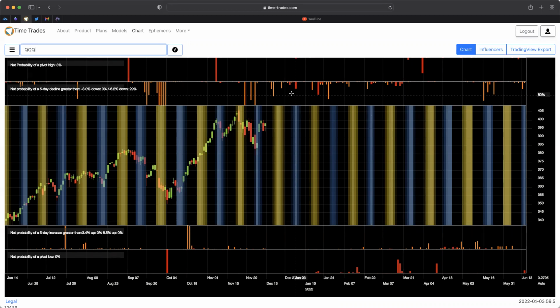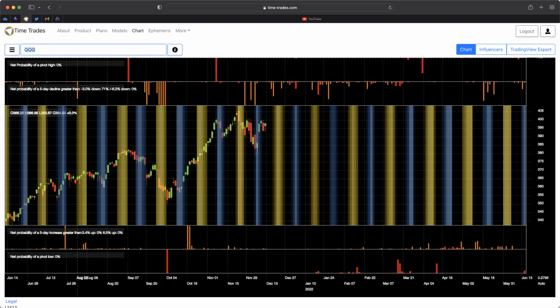What we could infer from this is if we see this kind of gap in the days down, that could be the end of the Santa rally in early January. And then we can see down days increasing in probability. And that aligns with the pivot low in March. Okay, so that's the longer term view for the Qs.